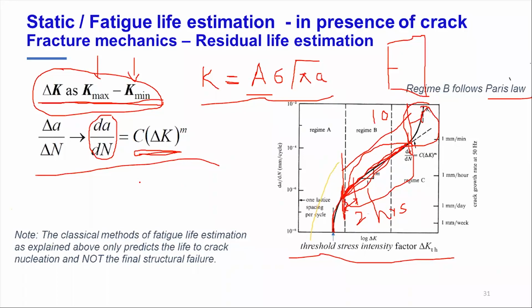So this is how the presence of a crack and the fatigue life for a cracked specimen is taken care of. One interesting thing you can see here is that there are certain crack lengths below which the crack will not propagate.